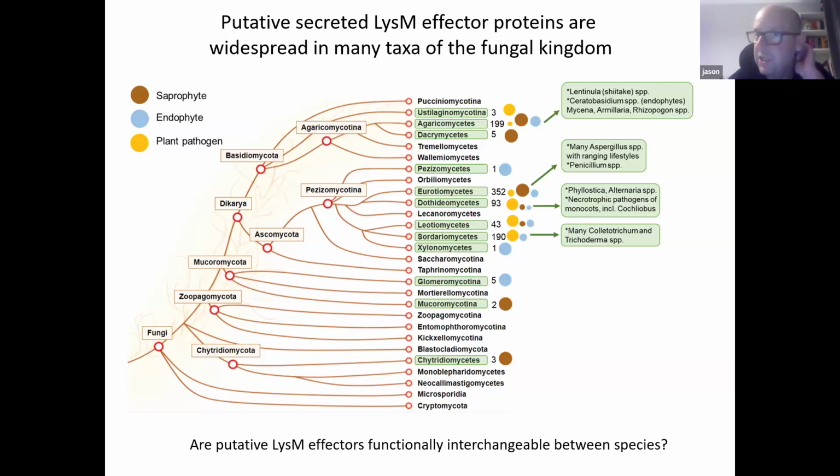But one of the key questions: there have been many reports on the importance of lysem effectors in plant pathogen interactions and even plant endophytic interactions. But one question we had is whether or not they could be functionally interchangeable between species, particularly if they structurally look the same.